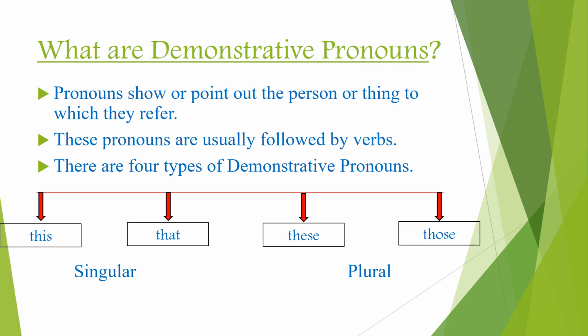These pronouns are also found with the verbs. And there are 4 types of demonstrative pronouns. They are this, that, these, and those. This and that are singular, and these and those are plural.